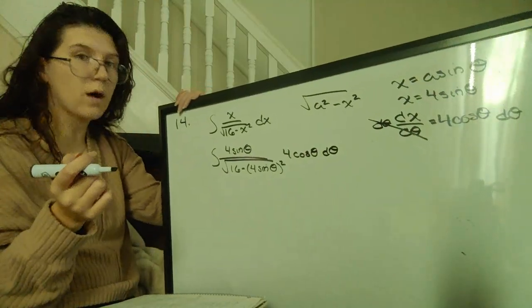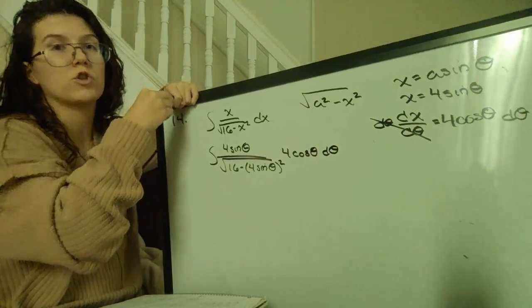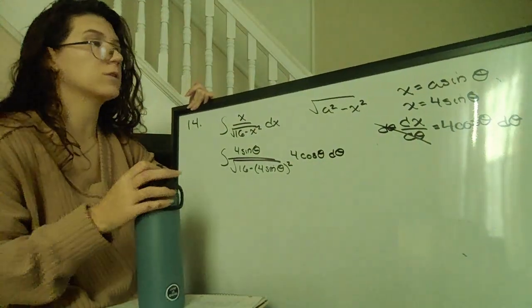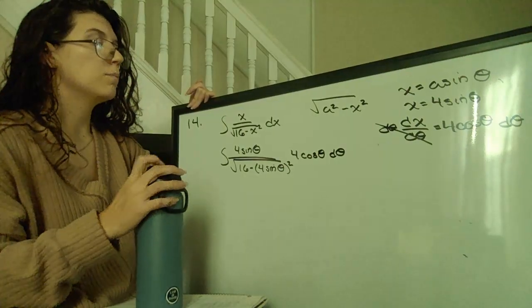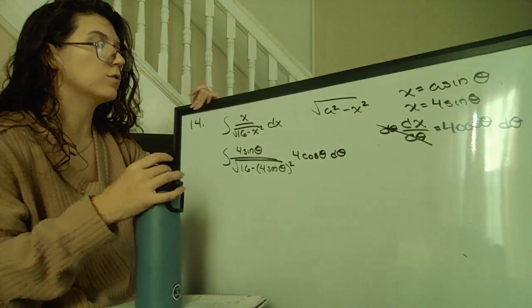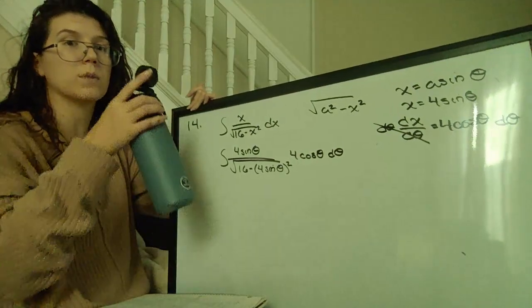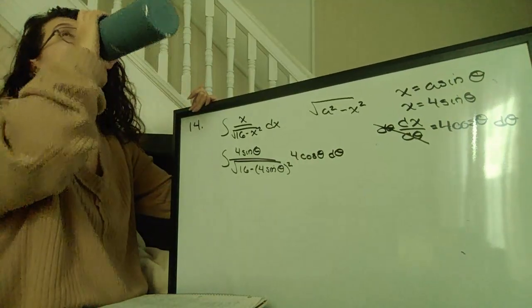And with all of these problems, and definitely with the shell method and disk and washer and all that stuff, having every single variable in your integral being the same is a great check to make sure that you didn't miss anything.